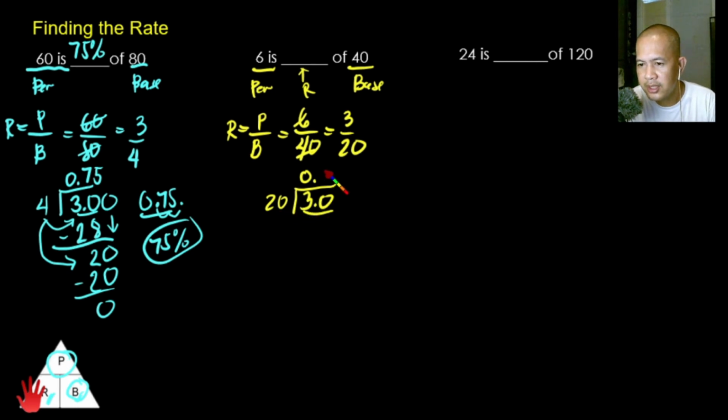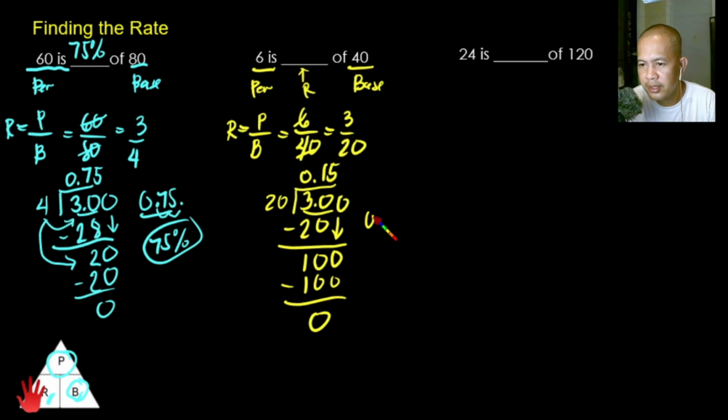30 divided by 20 is 1. 1 times 20 is 20. Subtract it. That is 10. Going to add another 0. 100 divided by 20 is 5. 5 times 20 is 100. We subtract it, 0.